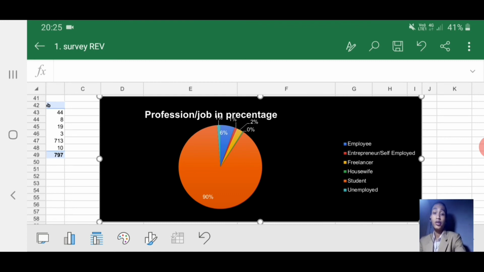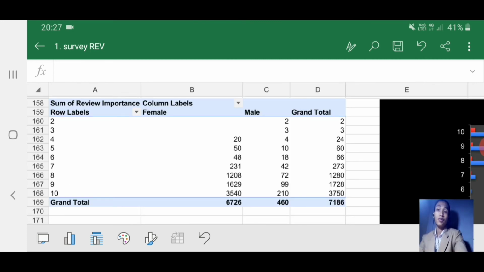Alright, moving on to the next. Okay, so this is the review importance. By this chart, every respondent responds between 1 and 10. The 10 is most satisfied and the 1 is not satisfied. So the review importance is related to how the customer will reconsider their purchase of the skincare they want to buy based on the review.